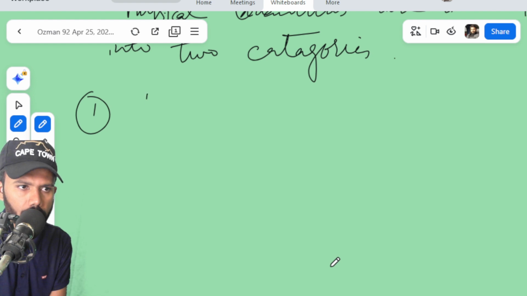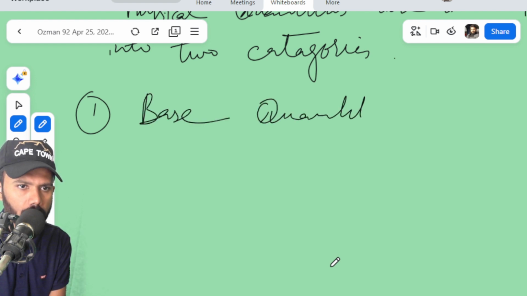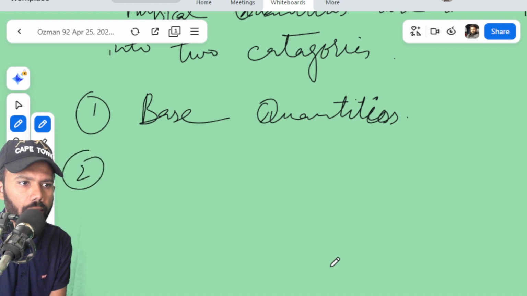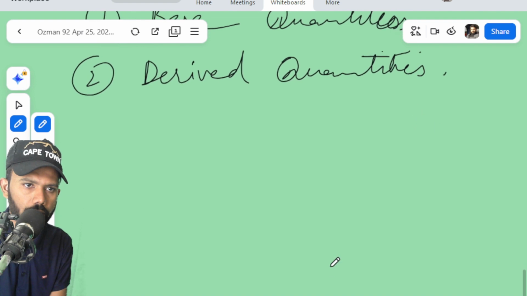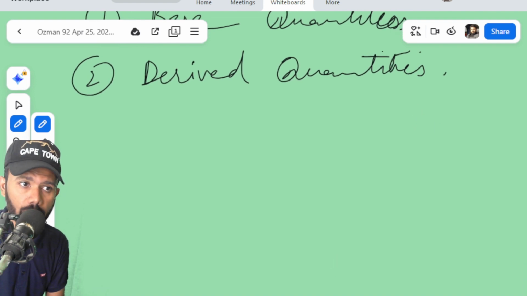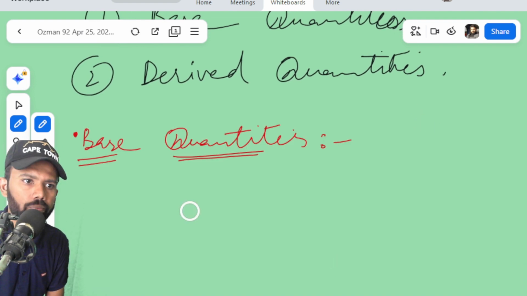One is called base, and the other is called derived quantities. So first I'm going to define and explain what are base quantities, right?